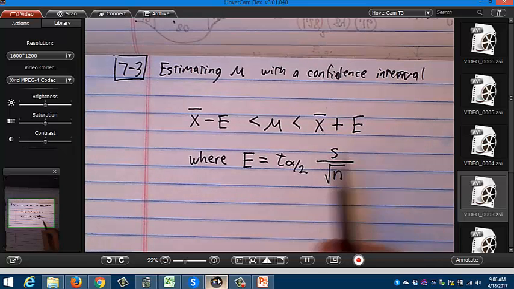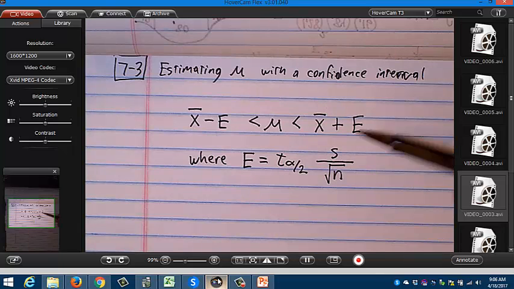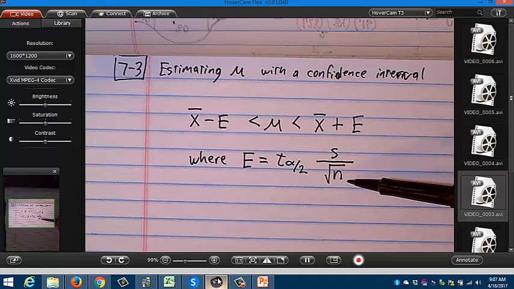I know you don't know what t alpha over 2 is. I'll explain that shortly. Do you guys remember what s stands for? Standard deviation of what? Of the population or the sample? The sample. Yeah. For population, it was a sigma, right? And you know what n is, so that's fine. Okay?